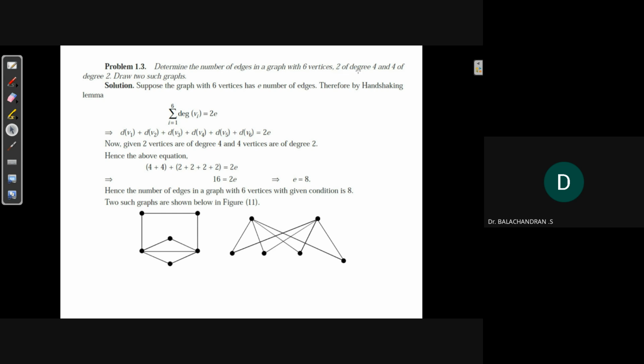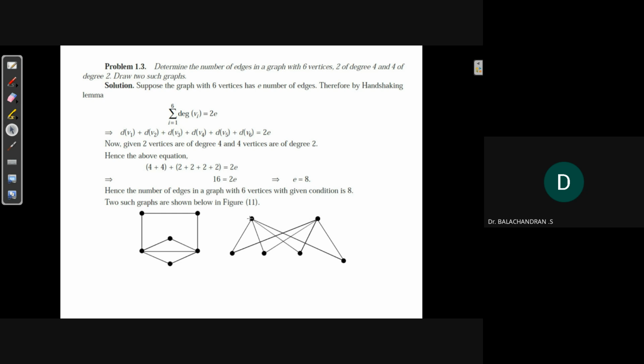Two of them are degree 4, and four of them are degree 2. I think the second graph is slightly easier because here the degree is either 2 or 4. So if it is like this, you will get a complete bipartite graph.